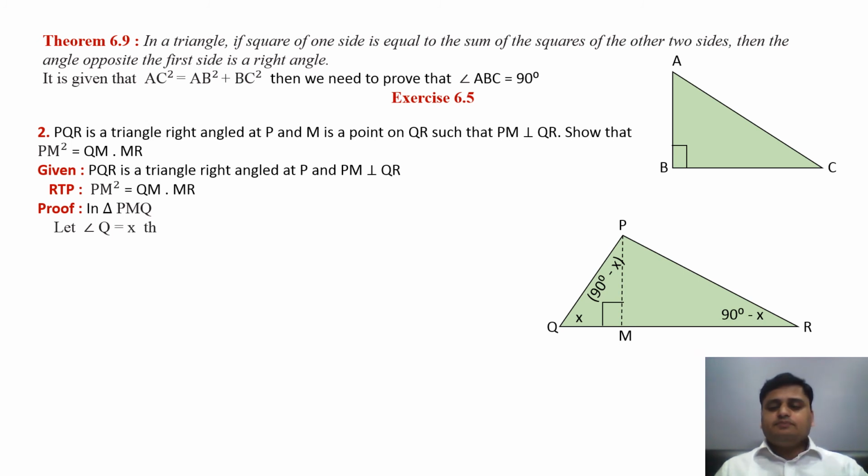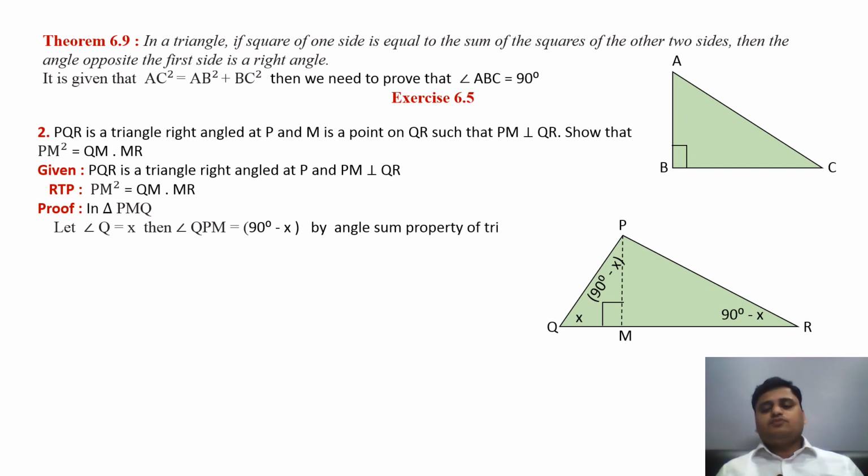Let in triangle PMQ, angle Q be equal to X. Assume it. So angle QPM will become 90 degree minus X. How? By using the angle sum property of a triangle.